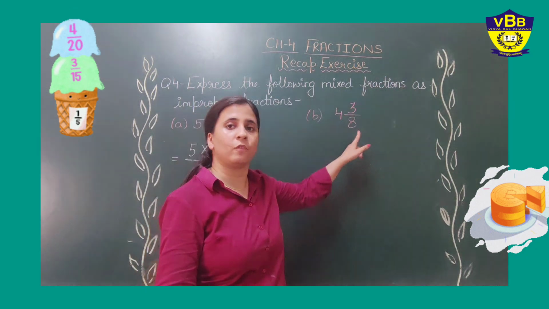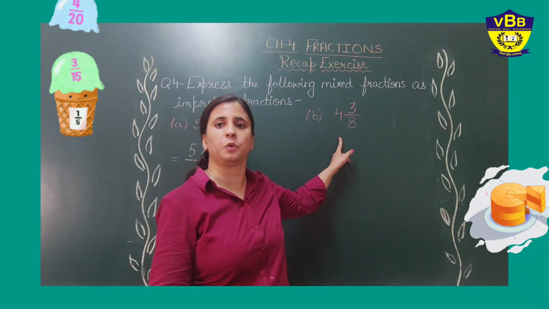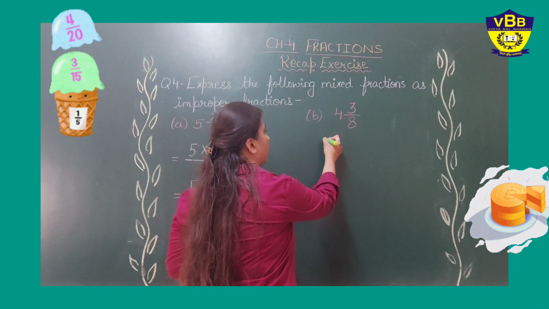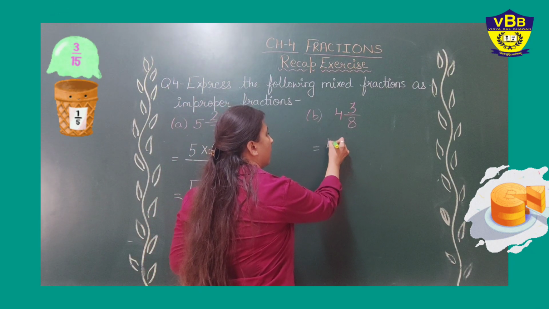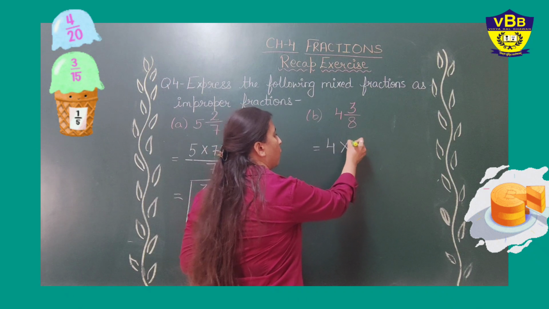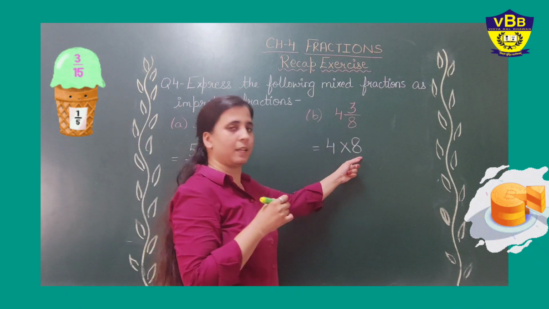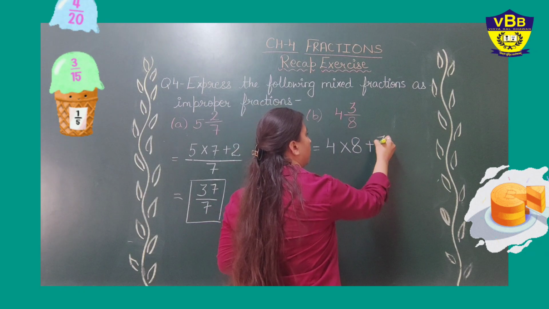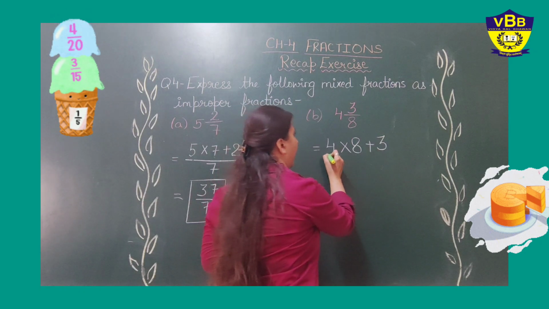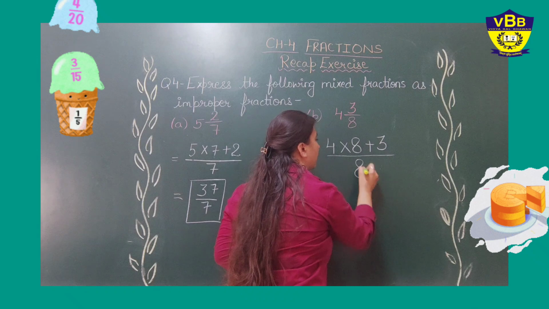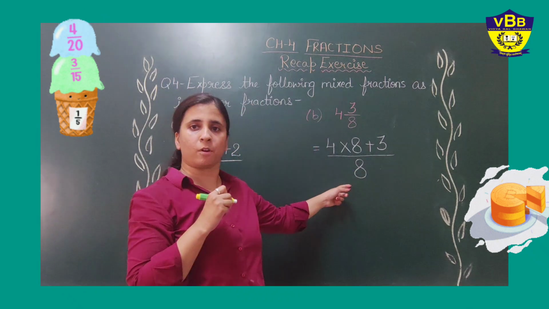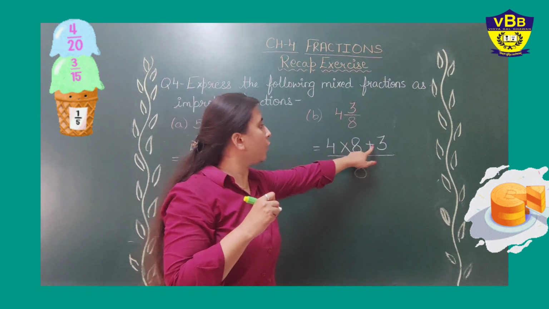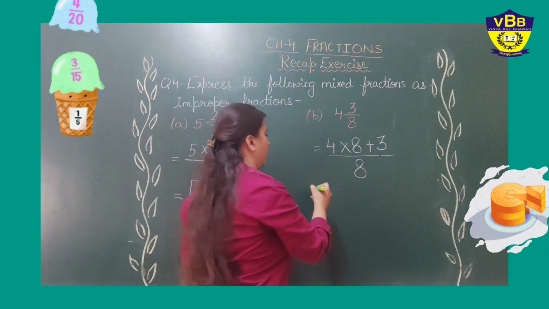Again we have to convert this mixed fraction into an improper fraction. So I am going to multiply the whole number with the denominator, 8, and to the product we will add the numerator, 3, and the denominator remains same. So 4 into 8 is 32. 32 plus 3 makes 35.